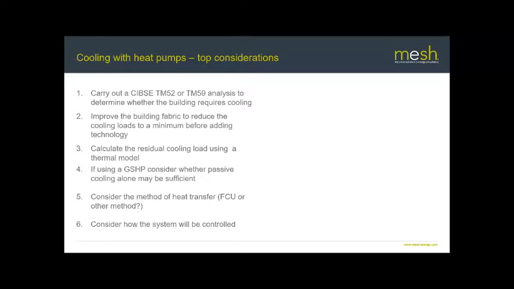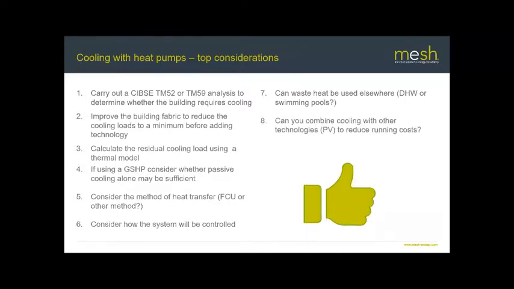Consider how the system will be controlled. What additional controls will be required over and above a standard heating system? 7. Can waste heat be used elsewhere, either for domestic hot water heating or for a swimming pool? And finally, step 8 is, can we combine our cooling system with some other technology, such as PV, to reduce the running costs?